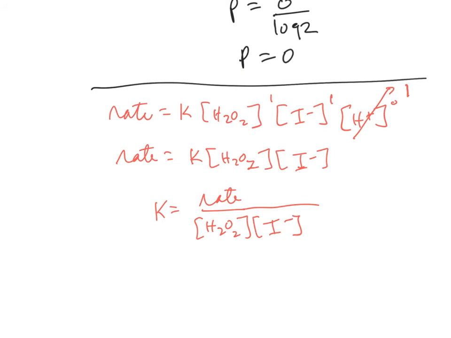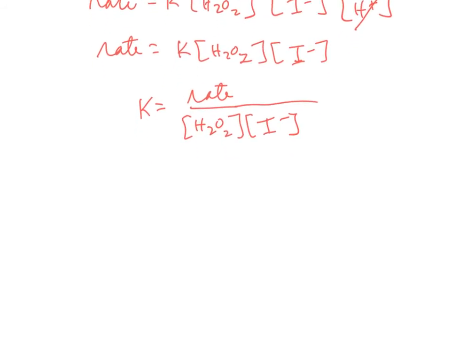You can pick any one of those 4 experiments and take the data going across and plug into this expression to get K. And it doesn't matter, you should get the same value for K as long as your rate law is correct, as long as your orders are correct.